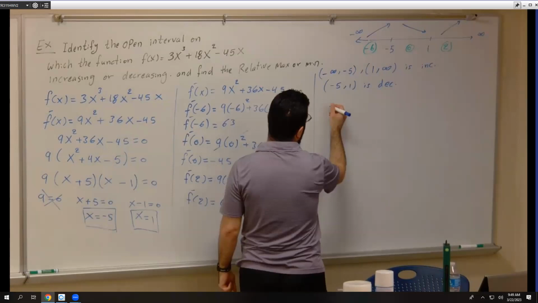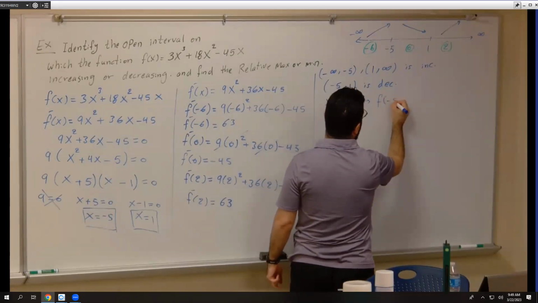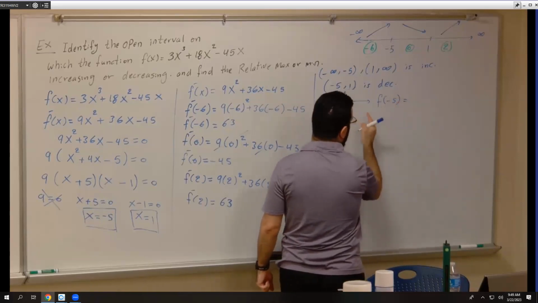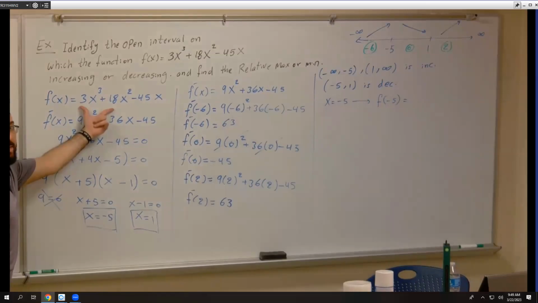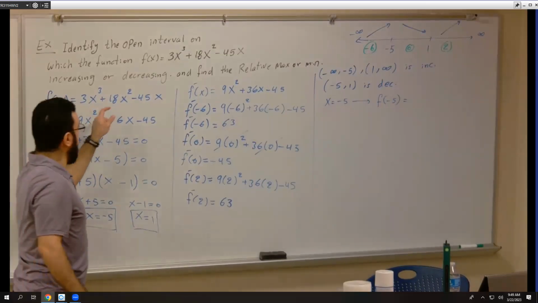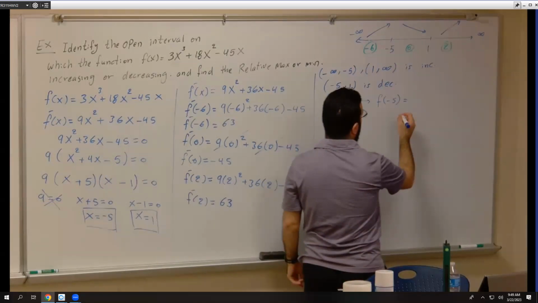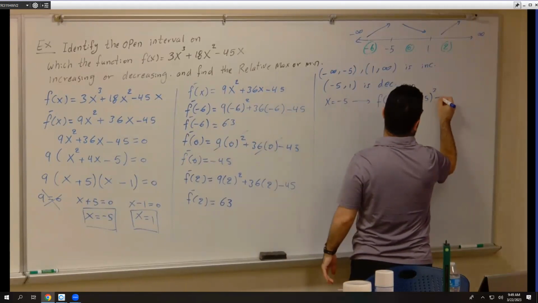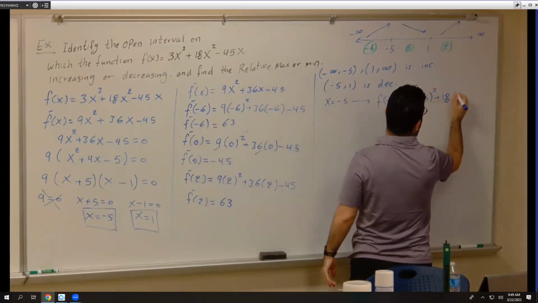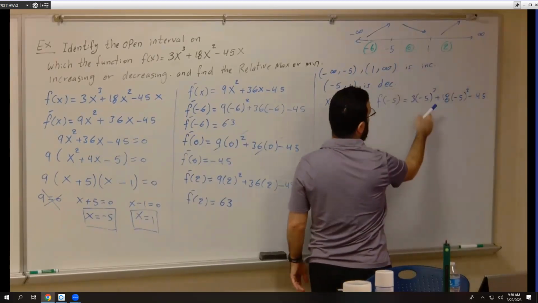So when x equals -5, we need f of -5. When you need to find the y coordinate, you go back to the original function and plug in -5 here. It's going to be 3 times -5 cubed plus 18 times -5 squared minus 45 times -5. How much is that going to be?